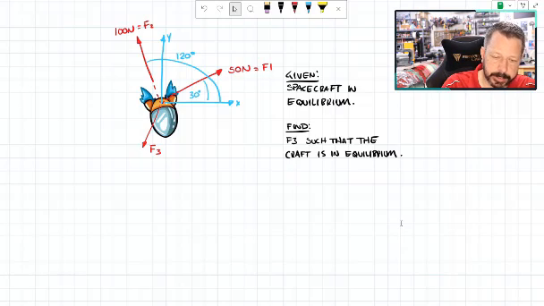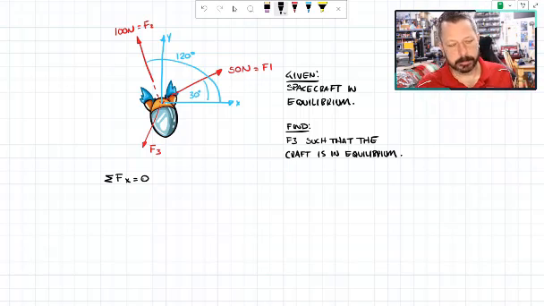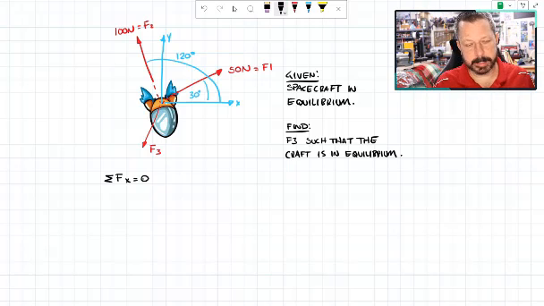Now, we've kind of already drawn our free body diagram, so we can start with this, I suppose. So summation of forces in the x direction equals 0. The little sigma there is our summation, and this means to take all the force vectors, so I've got 3 of them, F1, F2, and F3, and take only their x components and add them together.